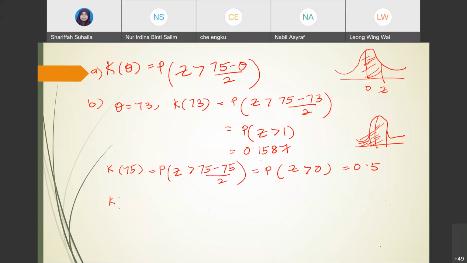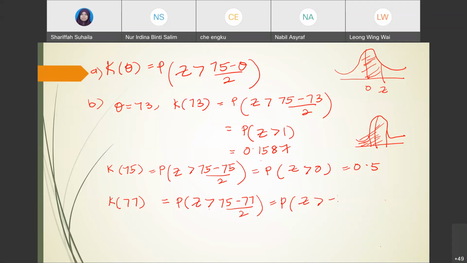So K77 is the probability Z greater than (75 minus 77) divided by 2. The method is the same as what you learned in first year for reading the table; review it again.